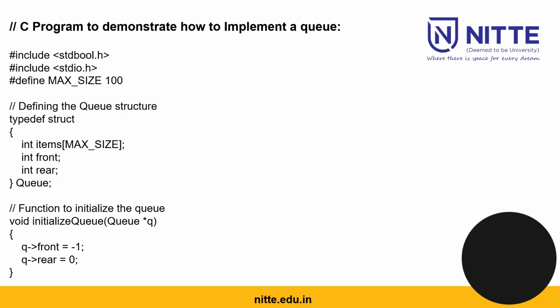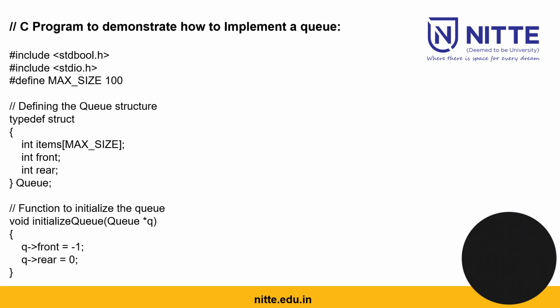Now we will see how to initialize the functioning of the queue. So first we will write a function called initialize queue with q star queue. So that means what here? Here I am just initializing the queue by taking this q star q.